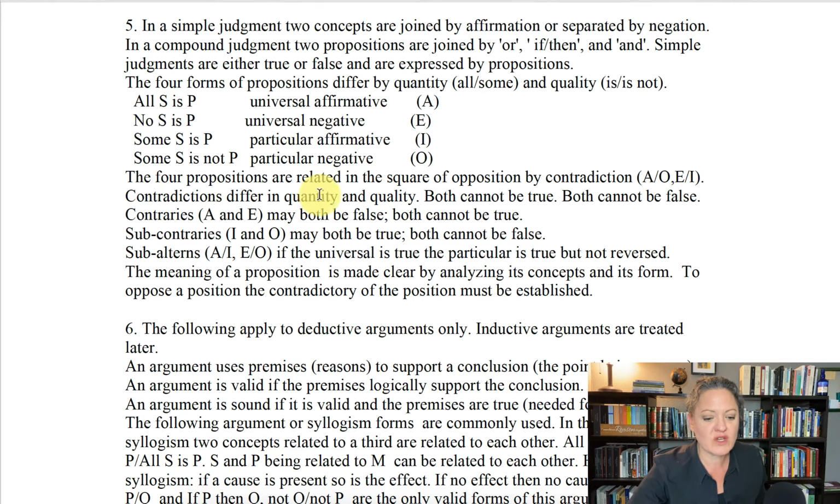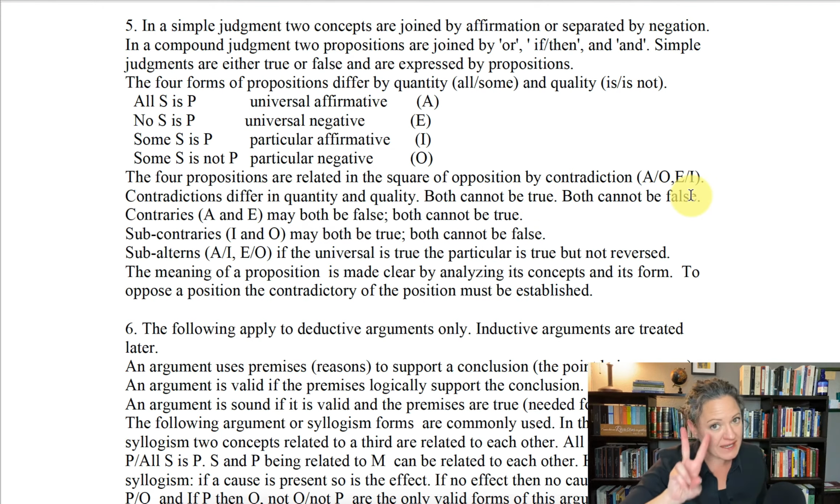Contradictions differ in quantity and quality. Quantity is how much? All versus some. No versus some. And quality is difference in affirmative or negation. All is, some is not. No is, some is. Both can't be true and both can't be false.